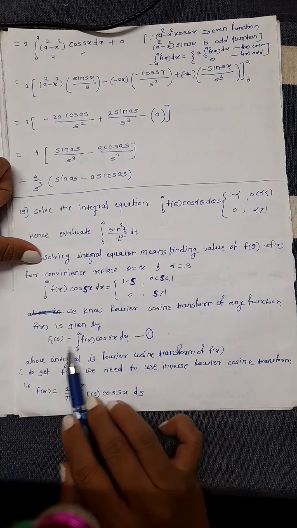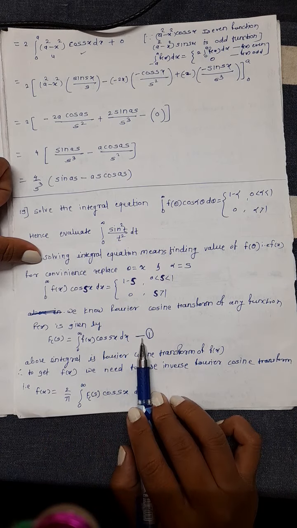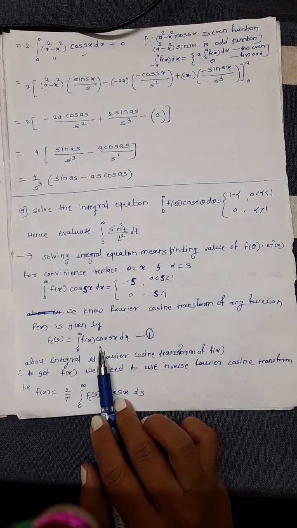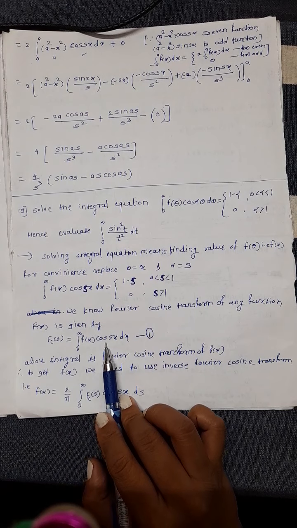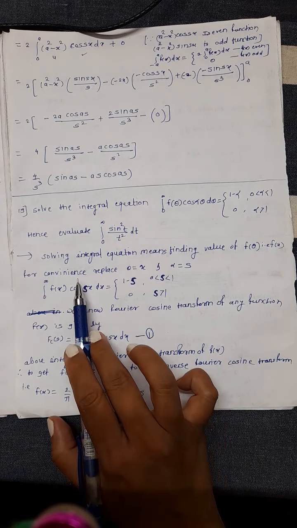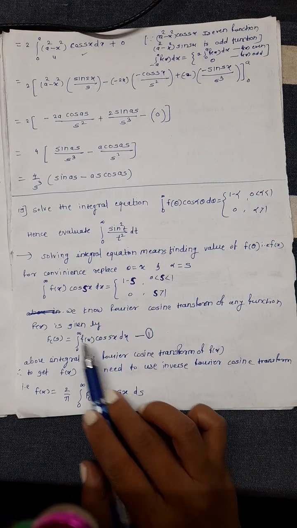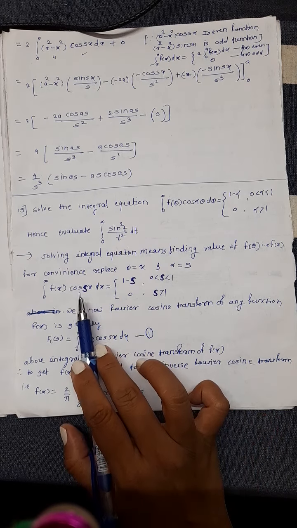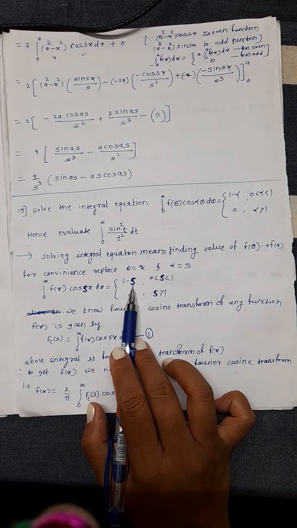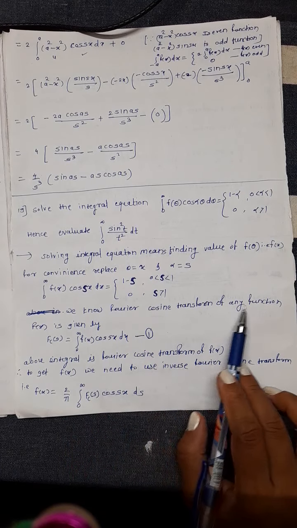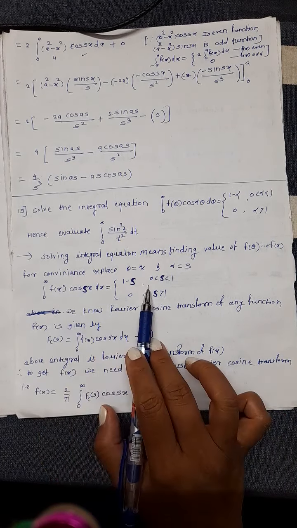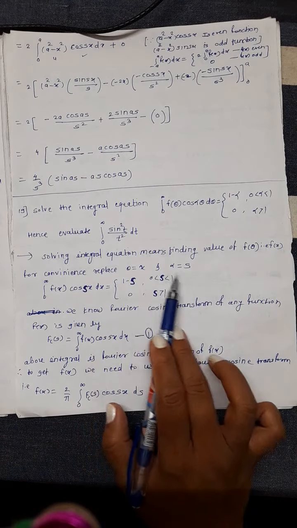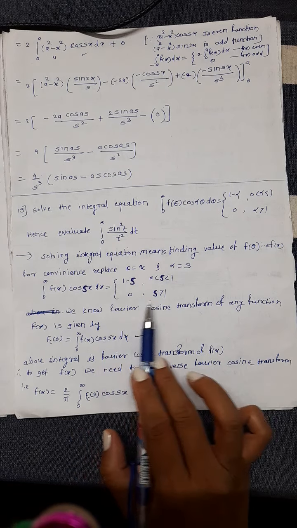If you observe, these two integrations are equal. That's why this is called the Fourier cosine transform. This is given to us. This is the Fourier cosine transform of the function f of x here. What is the Fourier cosine transform of this function? This is the answer. This is equal to this.